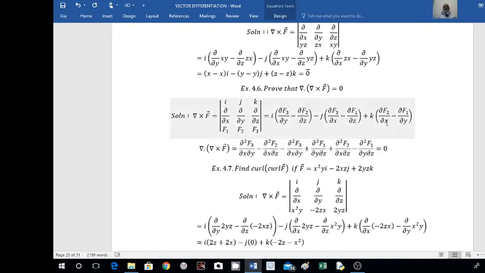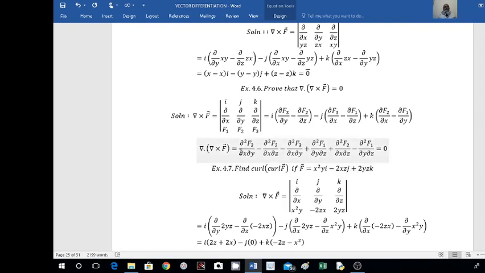Plus this with respect to z, that is dou square f2 by dou x dou z minus dou square f1 by dou y dou z.